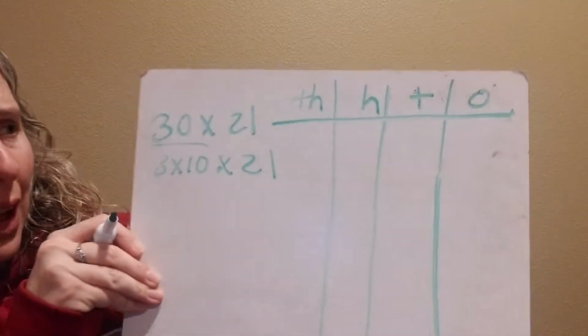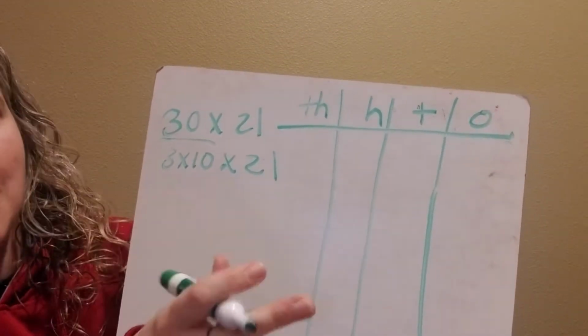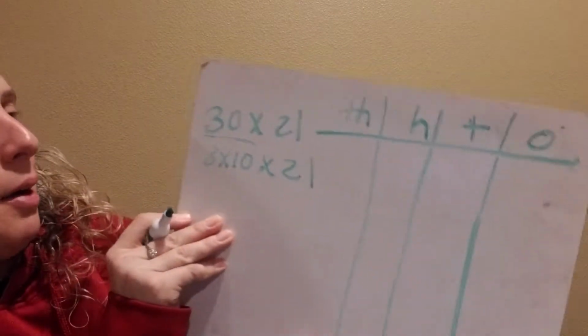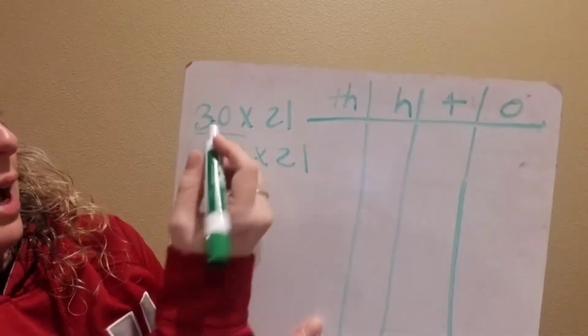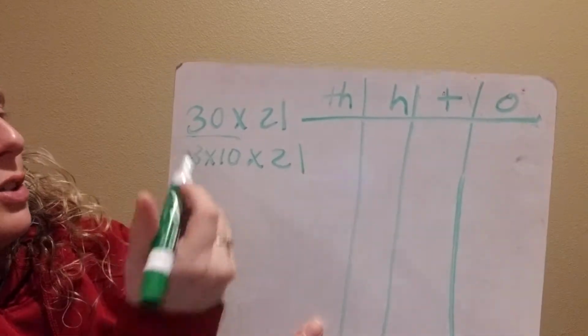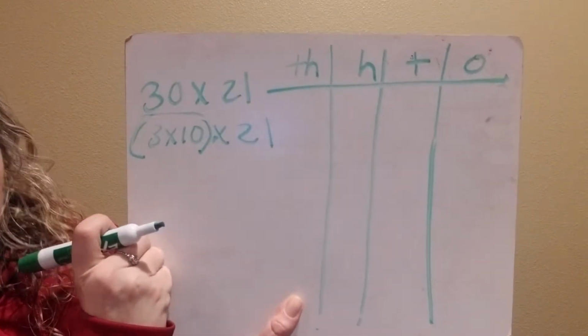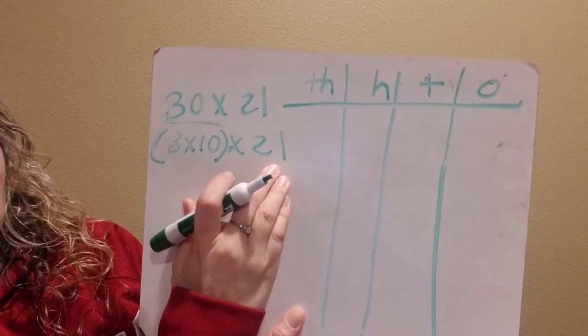Now, I can move these numbers around in any order. It doesn't matter what order I do them in, as long as I use all of them. So I'm going to use parentheses to show what 2 numbers I'm going to multiply together first. I can do 3 times 10, figure out that number, which would be 30, and take that times 21.